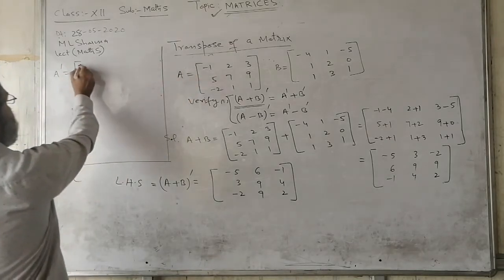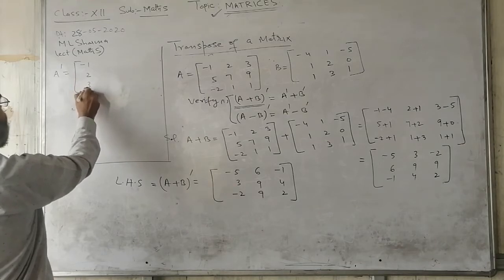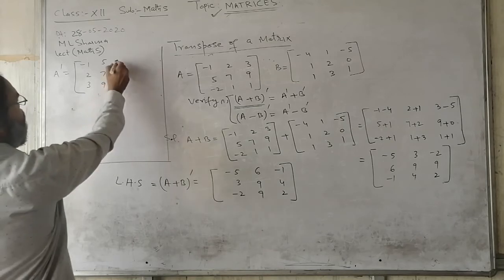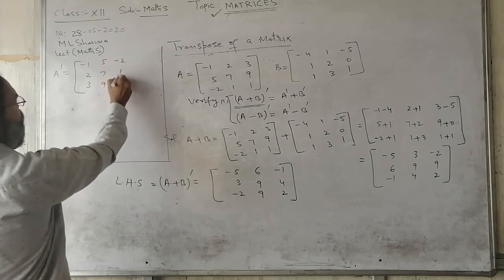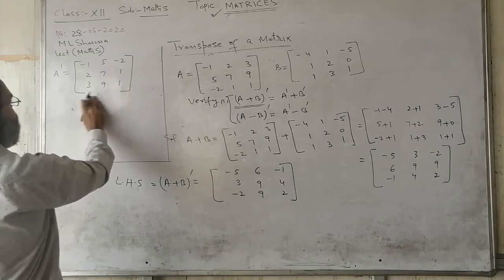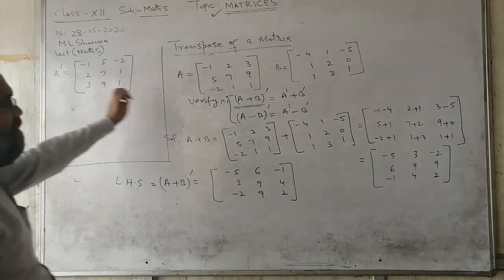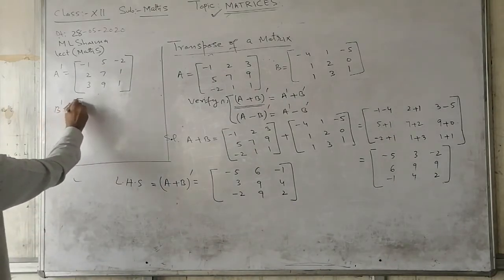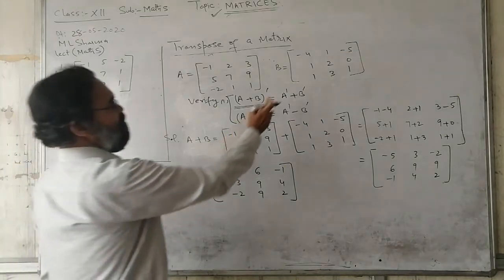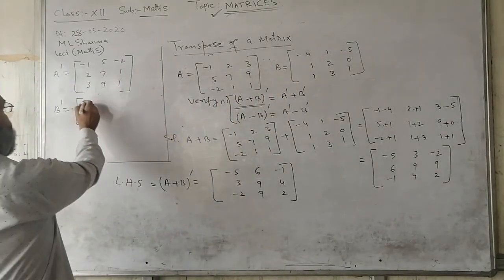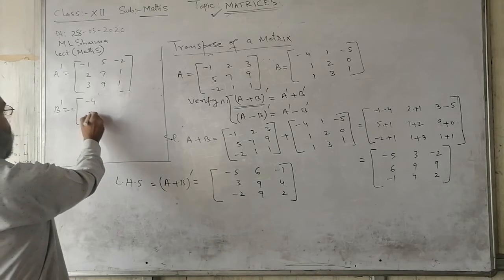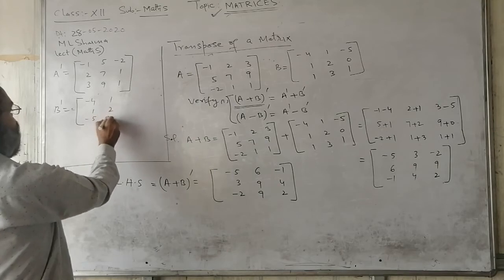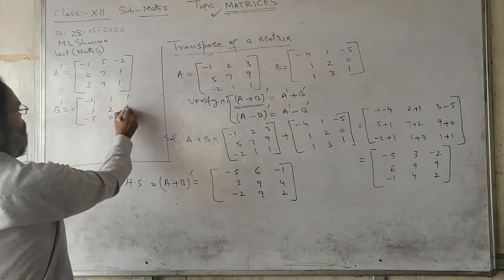Its transpose will be minus 1, 2, 3, 5, 7, 9, minus 2, 1, 1. So this is A transpose. Similarly, B transpose can be calculated. B transpose will equal, again I have to change the rows into columns: minus 4, 1, minus 5, 1, 2, 0, 1, 3, 1.